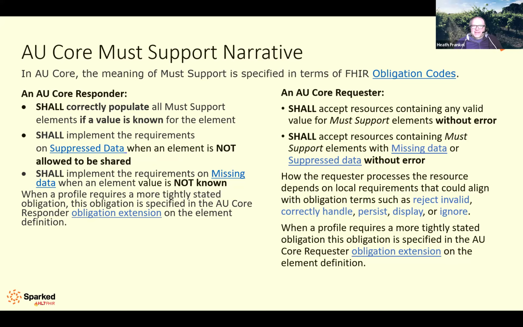You must populate correctly, as in with valid data, unless you've got a reason to suppress it or it's missing. And I'm glad that you picked up on that, because it means that the definitions are actually working.